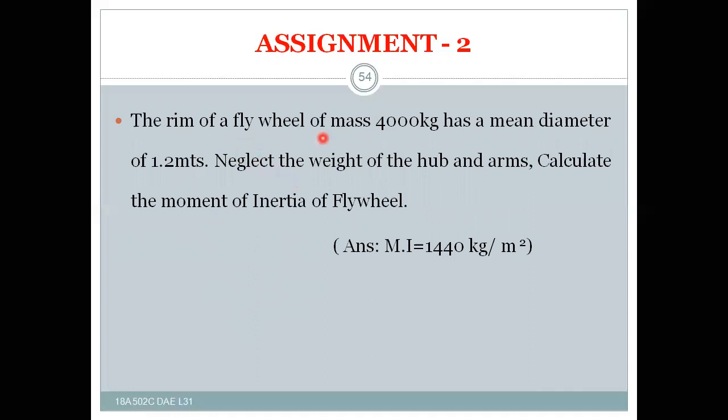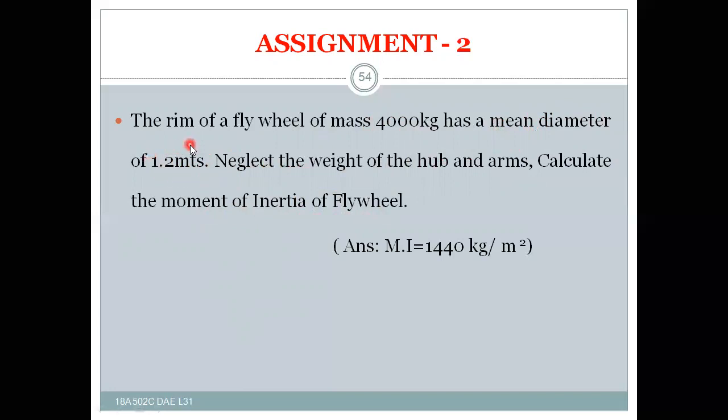And the rim of a flywheel of mass is there for us, and mean diameter 1.2 meters. Neglect the weight of the hub and arms, calculate the moment of inertia of the flywheel. So simply the mean diameter is given for us. If you take the flywheel with the center removed, then this is not a solid disk flywheel, that's why it is 1.2 meters diameter.